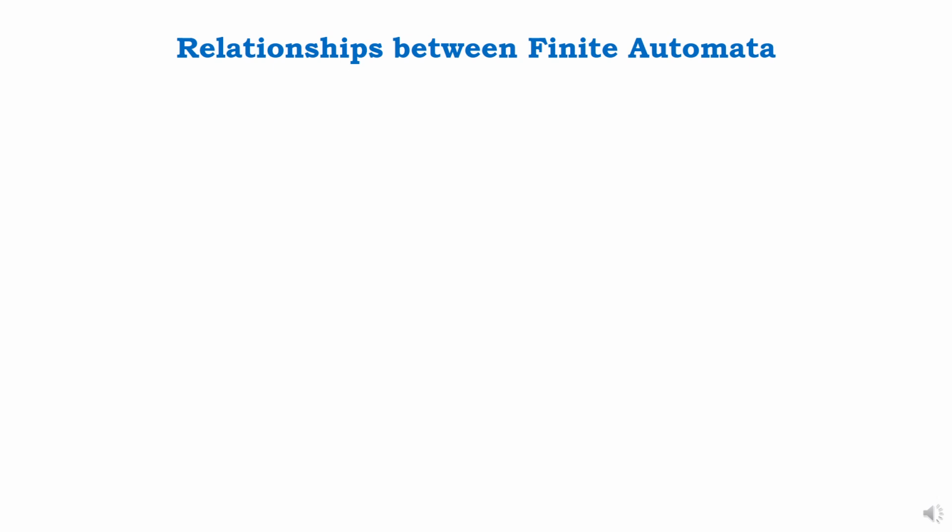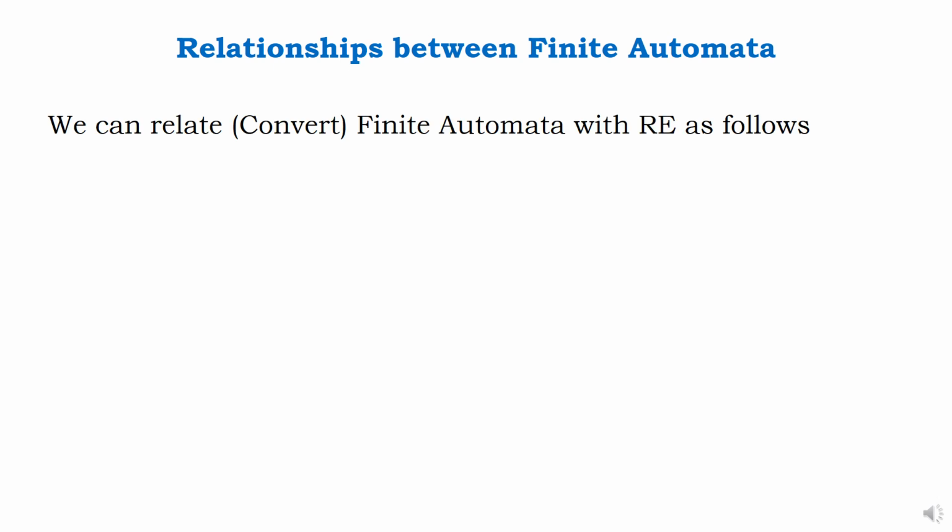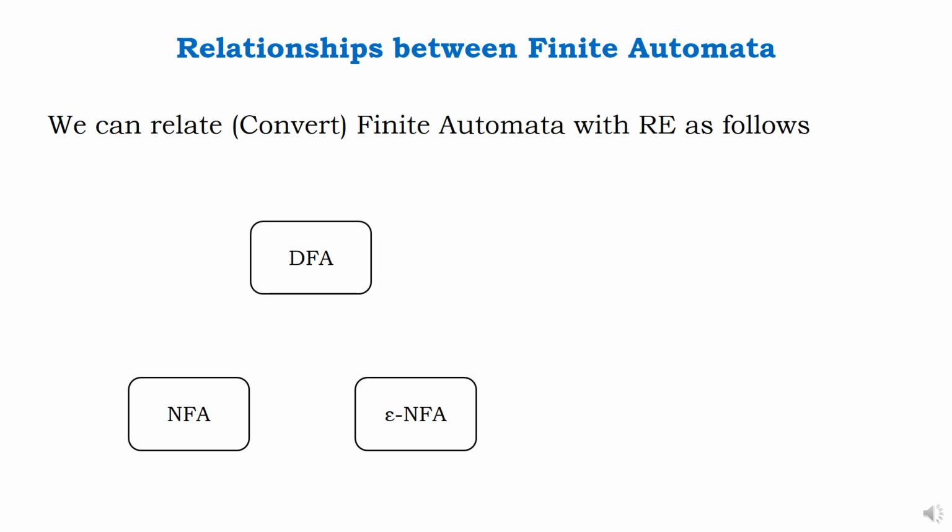We have various finite automata, that is DFA, NFA, epsilon NFA. There was a beautiful relation between DFA and NFA and how to convert, which we already discussed. Similarly, we learnt epsilon NFA to DFA conversion.